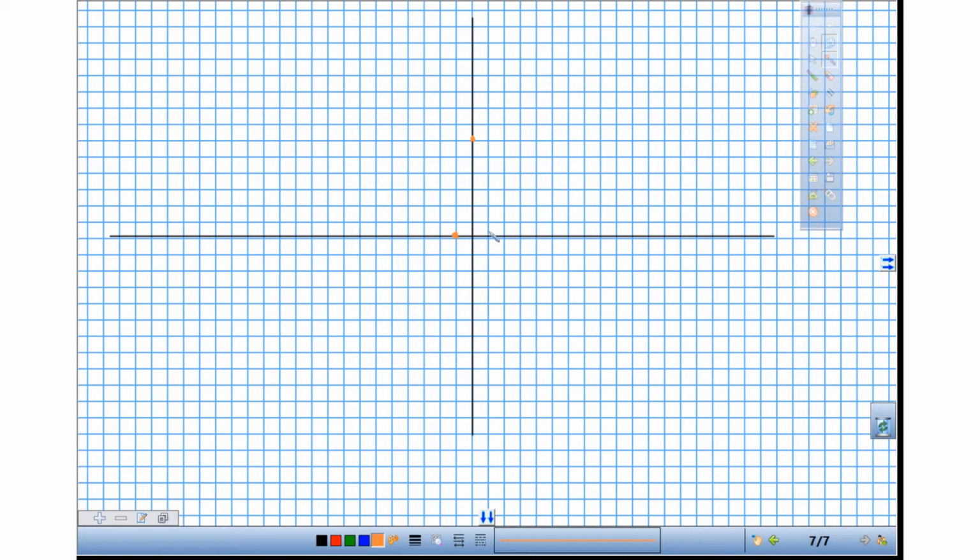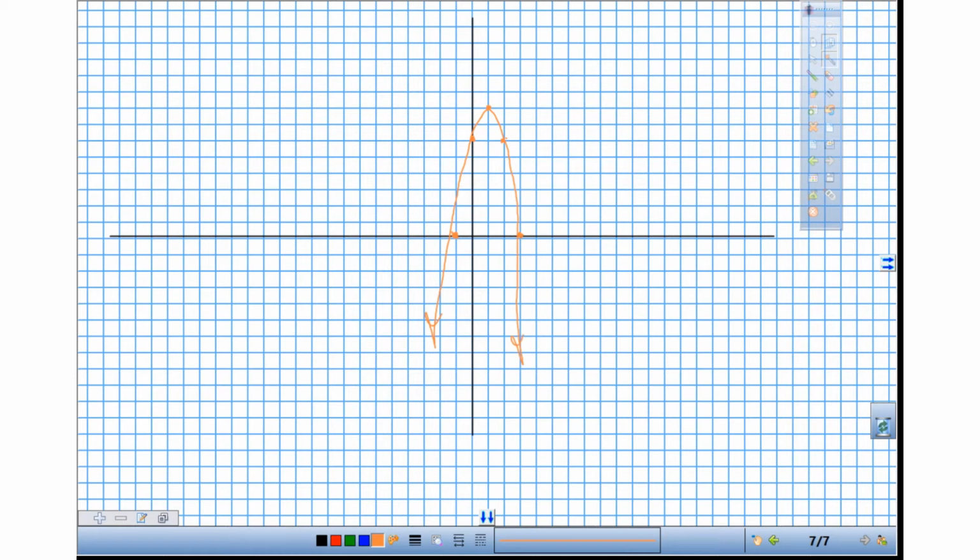Our third coordinate was 1, 8. Our fourth coordinate was 2, 6. And our fifth coordinate was 3, 0. You want to try to sketch it so that it's got some curvature to it.